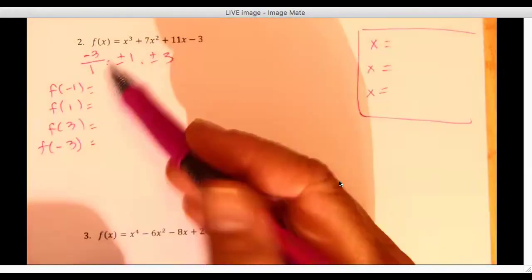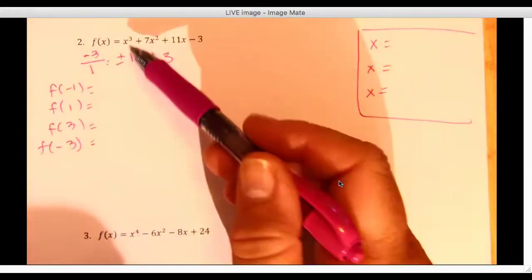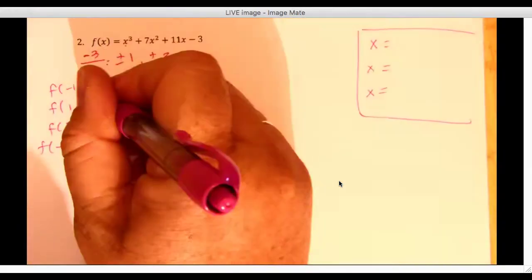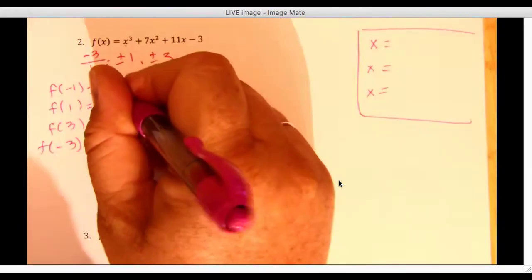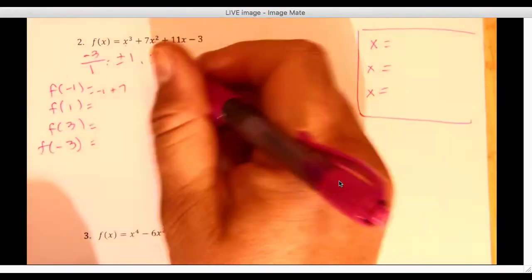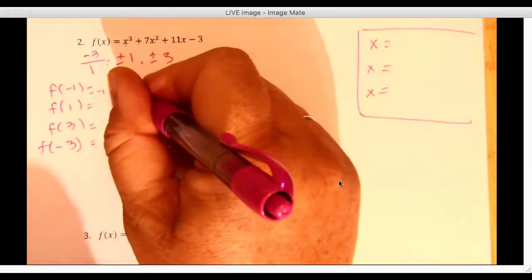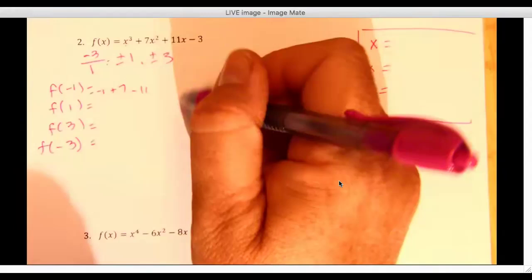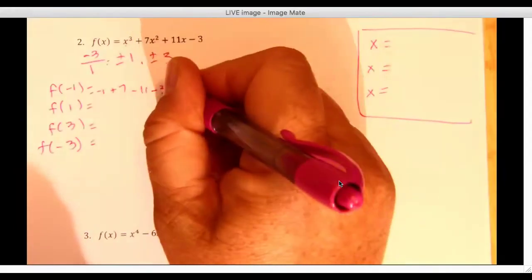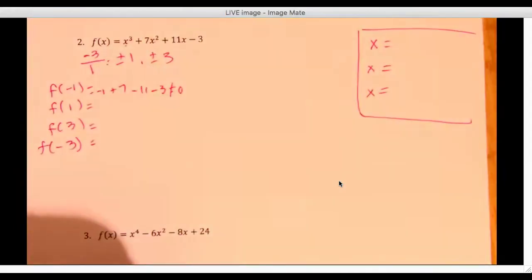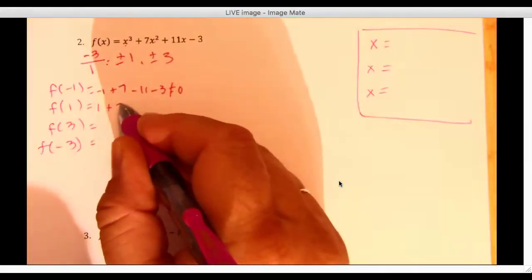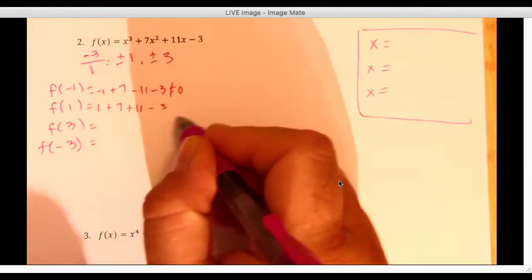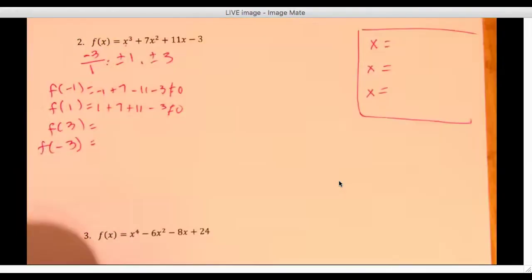And then if none of those work, then I have no real roots and I have to figure out something else. So plugging in -1, -1 cubed is -1. -1 squared is 1 times 7 is +7. -1 minus 11, and then -3, and that is not equal to 0. Plugging in +1, that would be 1 plus 7 plus 11 minus 3, and that is also not equal to 0.